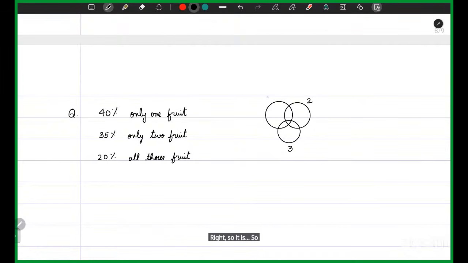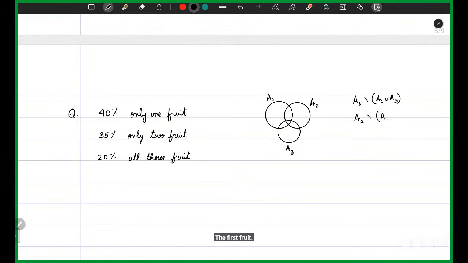So I'll call these 3 sets A1, A2, A3. So what is the set A1 minus (A2 union A3)? These are the people who like only the first fruit.